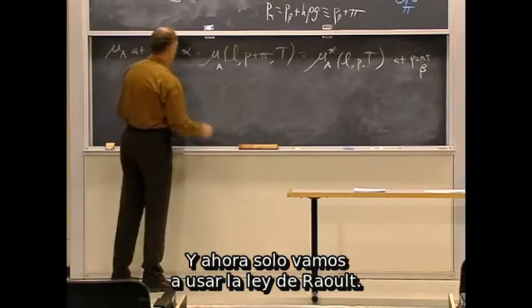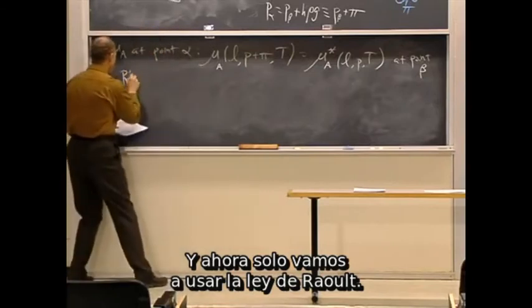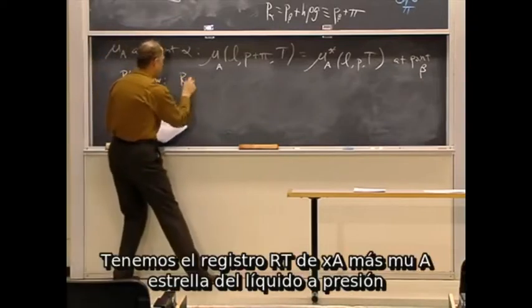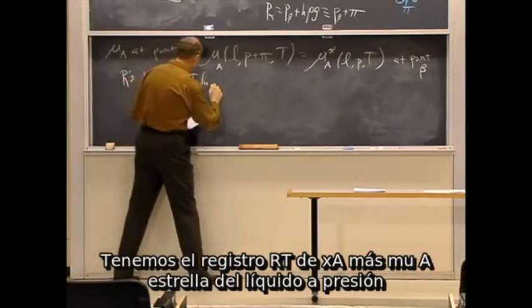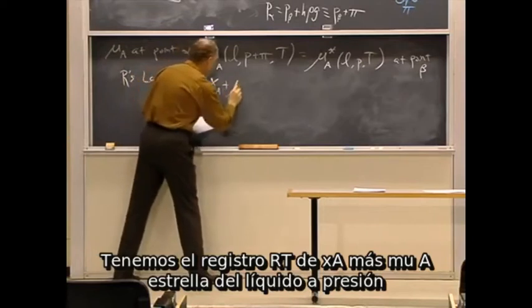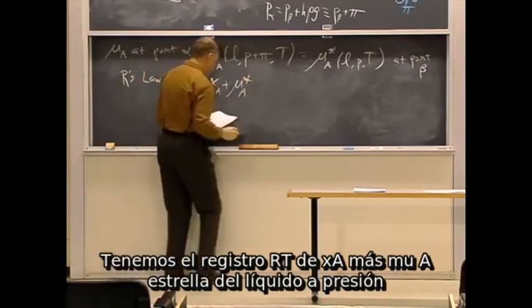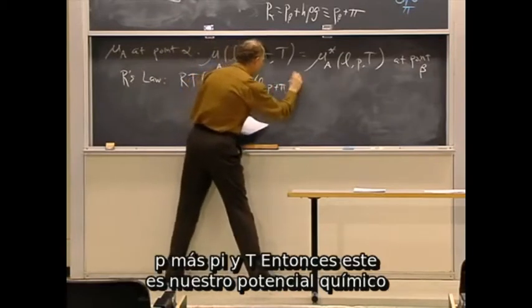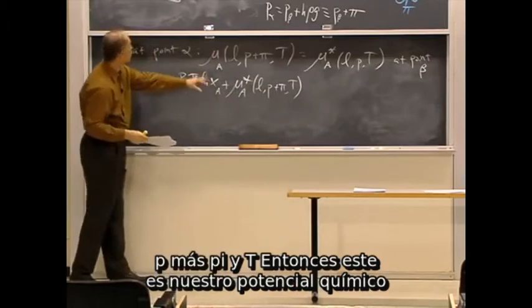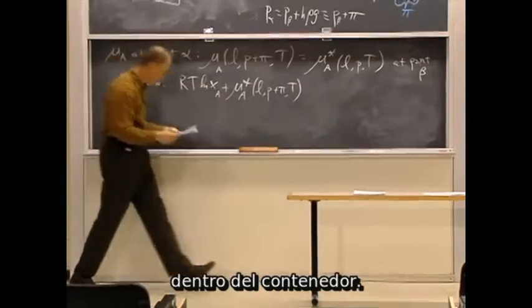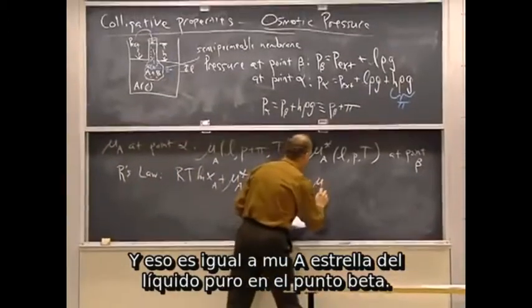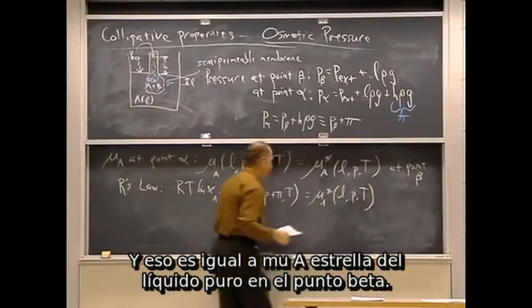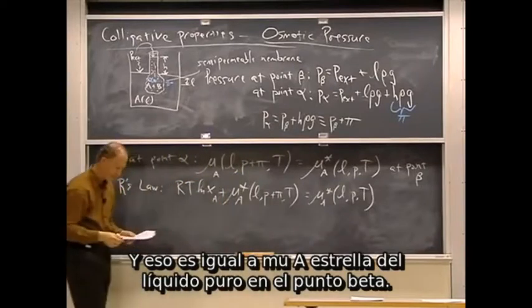And now we're just going to use Raoult's law. And what does that tell us? We have RT log of XA plus mu A star of the liquid at pressure P plus pi and T. So there's our chemical potential inside the container. And that's equal to mu A star of the pure liquid at point beta, all right?